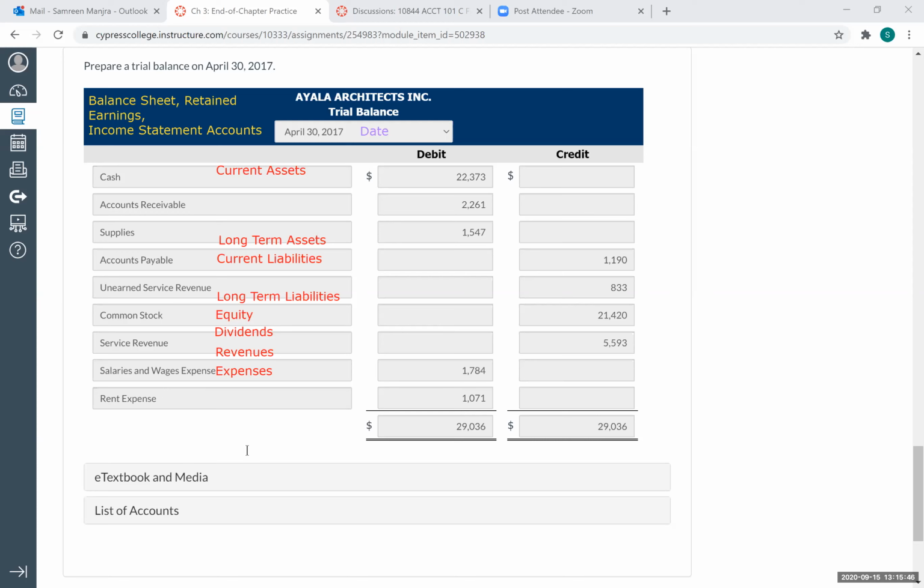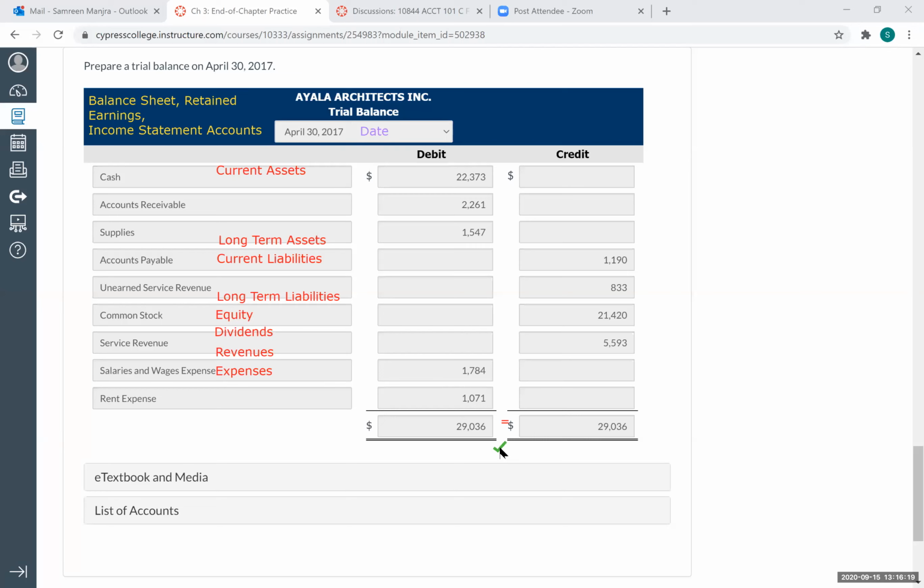And what we are doing here is that we want to have the ending balance from each individual T account in either the debit column or the credit column. You would add up the total debits, you would add up the total credits, and you should see that the total amounts of your debits and your credits have to equal out.